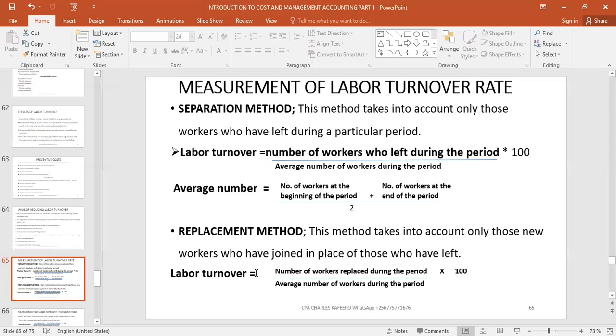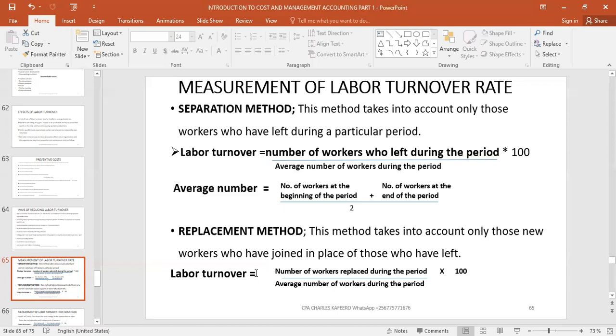When you get a percentage more than 100%, you know there is a very high rate of labor turnover. When it is below 100, that is an indicator that the labor turnover is not much.